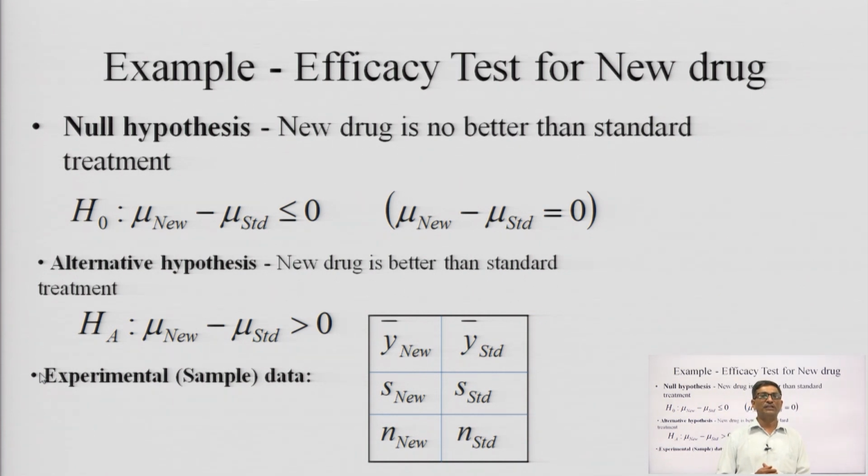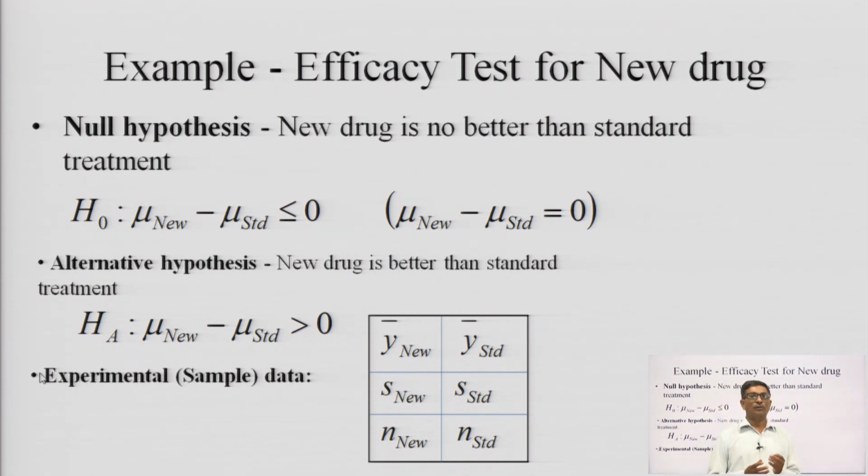So, null hypothesis H naught such that mu new minus mu standard is less than or equal to 0, because in this example we want to test if the new drug is better than the standard or existing treatment, and the assumption is the treatment which has a high score is better.